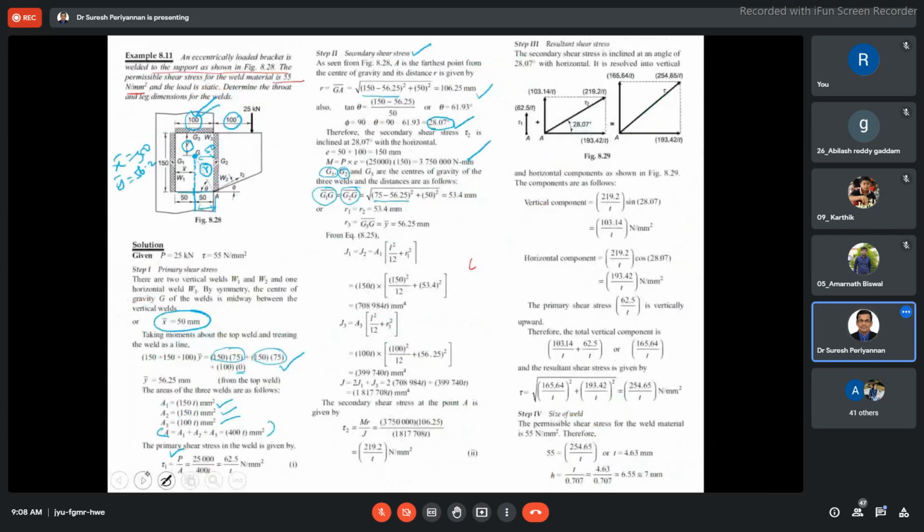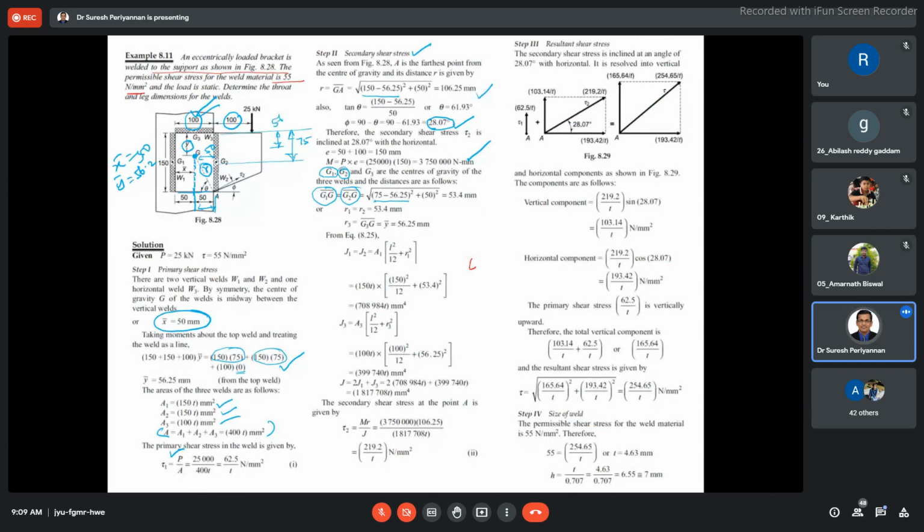Similarly, we are considering 56.5 here. Now this is the CG. What is this distance? For example, this is nothing but 75. Now where is our Y bar sitting? Y bar is sitting here, 56.